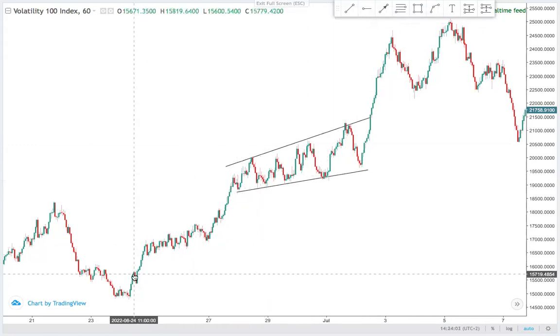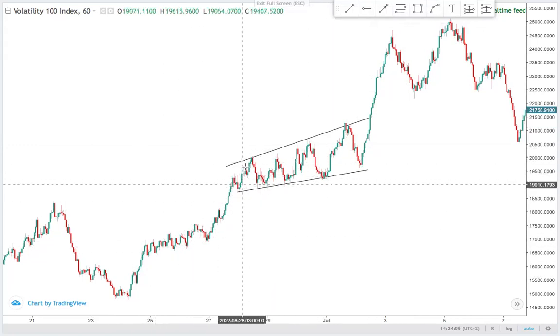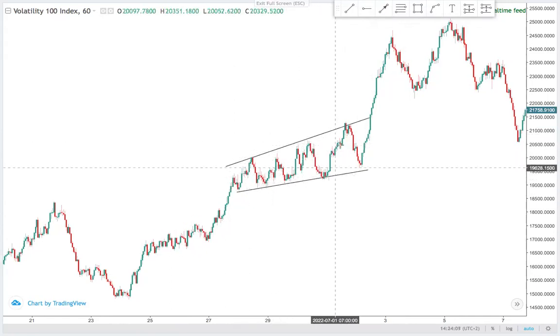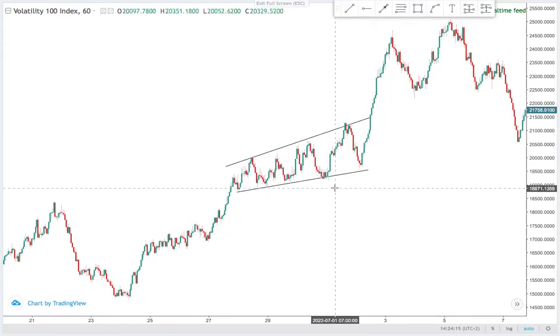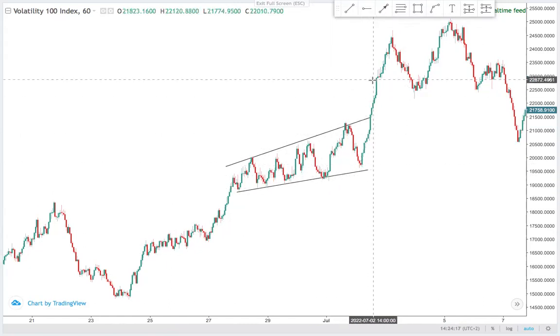The market from this point was going up, and then when the market reached this zone, it was just consolidating in one area. It was consolidating in one area, and then what happened next was there was a breakout.